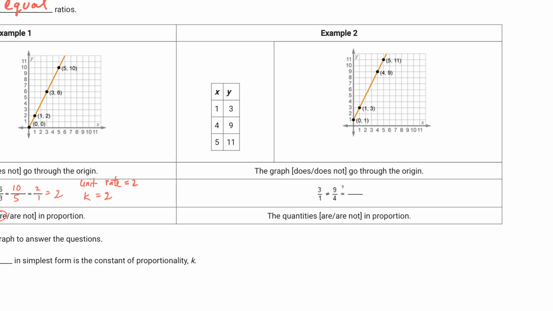If you take the y value, 3 over 1, that's not equal to 9 over 4, and it's also not equal to 11 over 5. And it's not going through the origin, so they are not in proportion.